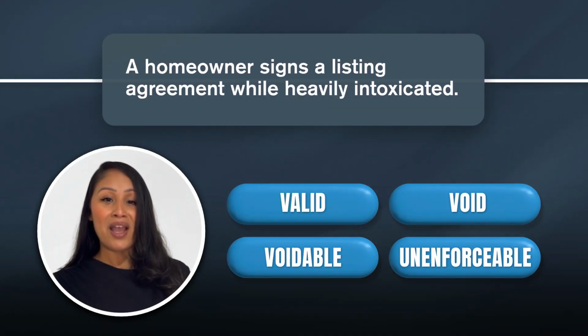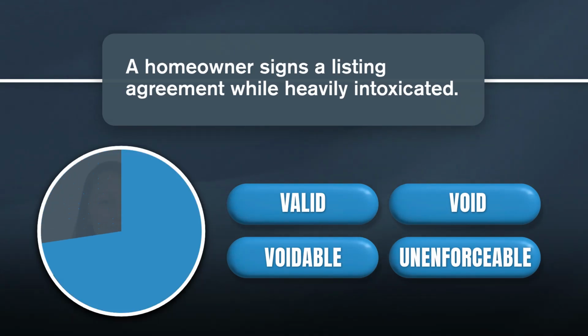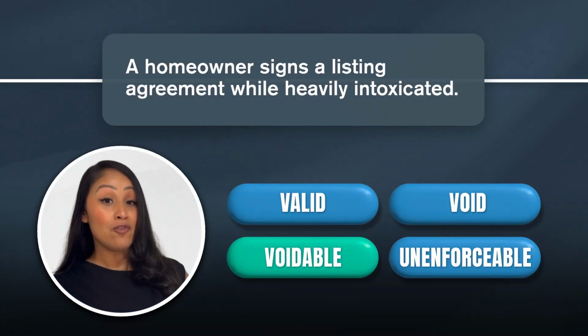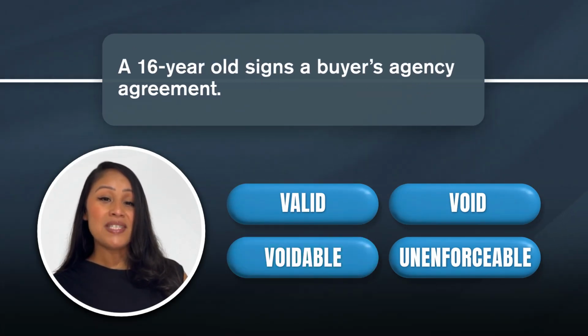Number 4, a homeowner signs a listing agreement while heavily intoxicated. Voidable. Intoxication affects confidence and reality of consent. Number 5, a 16-year-old signs a buyer's agency agreement.